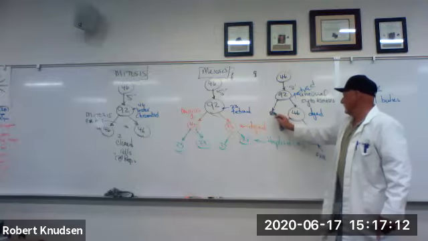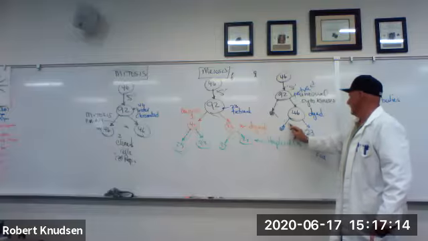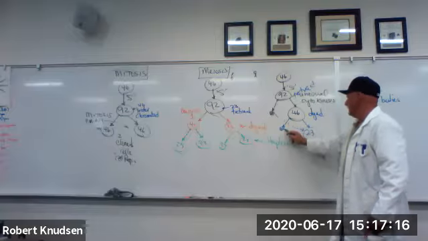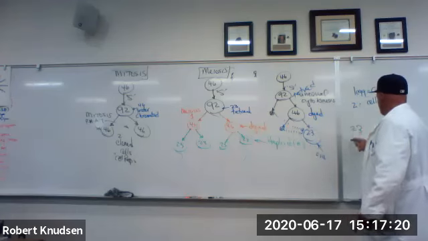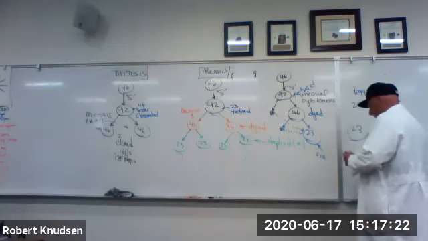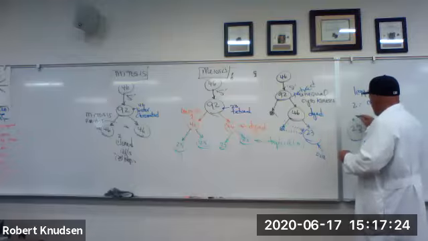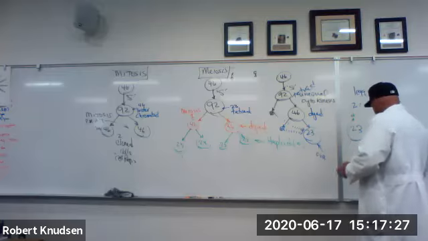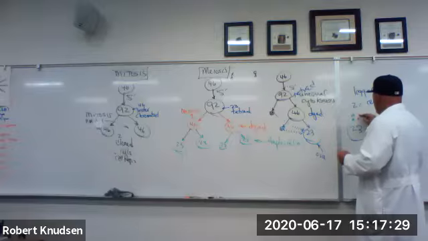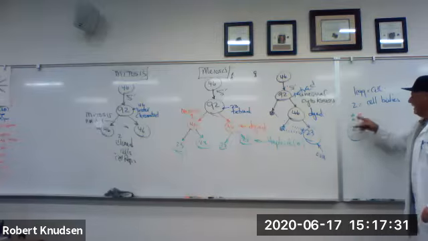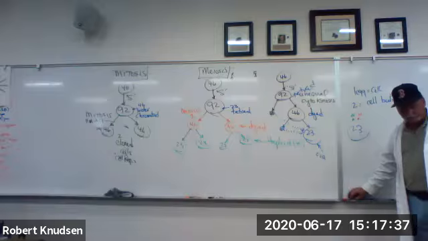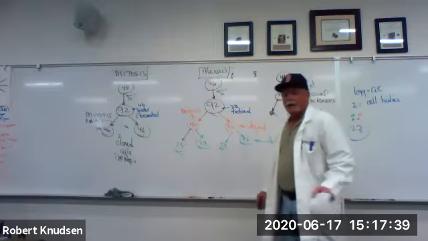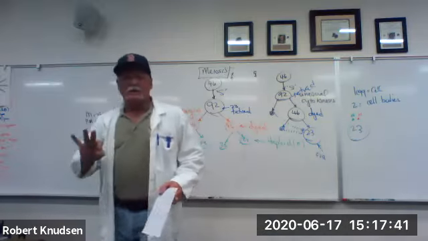Because this one, this 46, goes here. This 23 goes here. So what that 23 looks like is this, with one with 46 and one with 23. So you get 1 egg and 2 cell bodies. Yes? Son of a gun. Okay. That's it for meiosis.